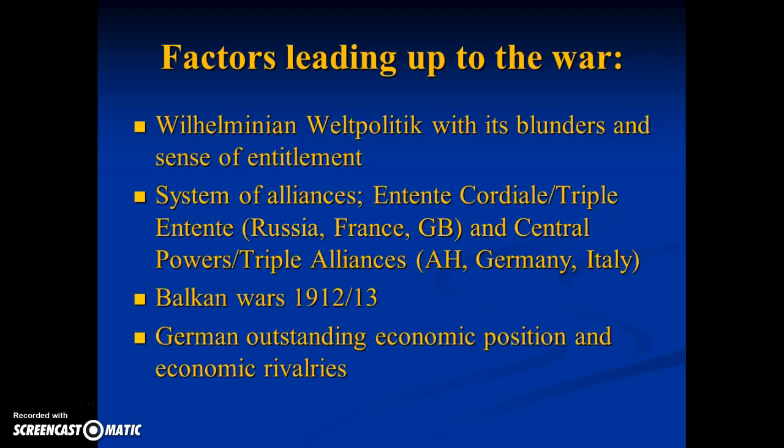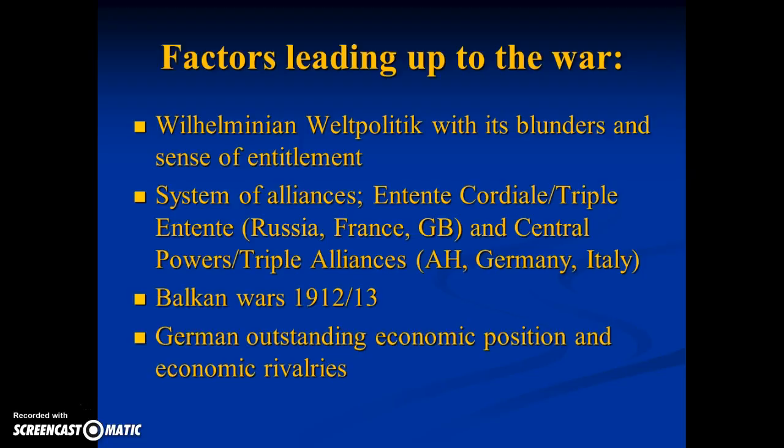There was the system of alliances, the Entente Cordiale, or the Triple Entente between Russia, France and Great Britain, which saw Germany as a threat, and the Central Powers, or the Triple Alliance of Austria-Hungary, Germany and Italy. Germany was completely surrounded by Russia to the east and France to the west.